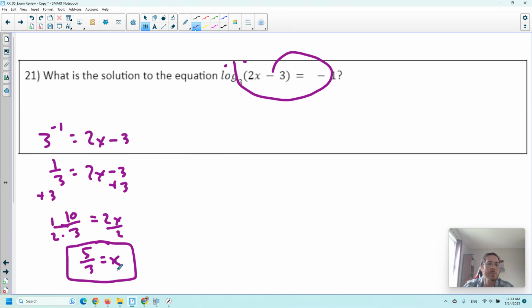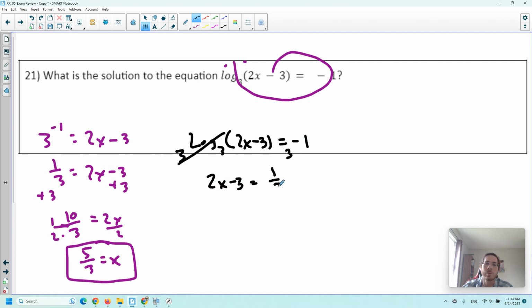And there's the answer. Again, if you don't want to do it with the snail, you do not have to. If instead you would rather say, well, I think I want to do it with log base 3 of 2x minus 3 equals -1, you could go 3 to the power of each side. So 2x minus 3, and then 3 to the -1 is 1/3.